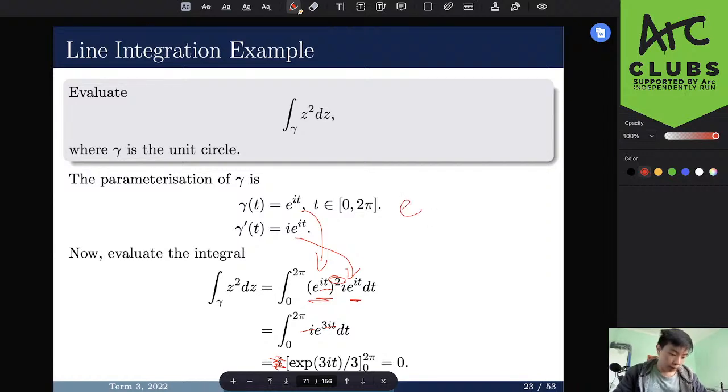And so if we do that, we get e to the 3i times 2 pi minus e to the 3i times 0, all over 3. This just becomes e to the 6 pi i, which is obviously 1, and this becomes e to the 0, which is also 1. 1 minus 1 is 0, so we get 0 as our final answer.